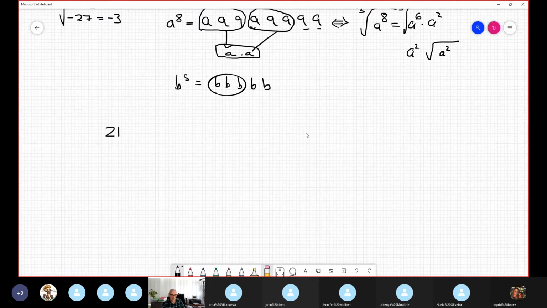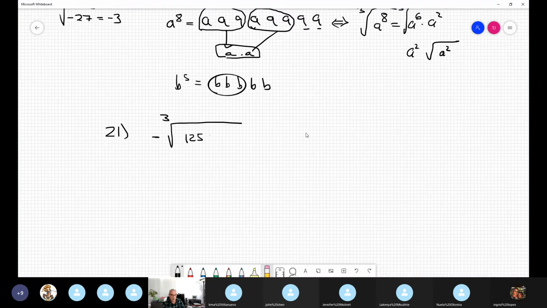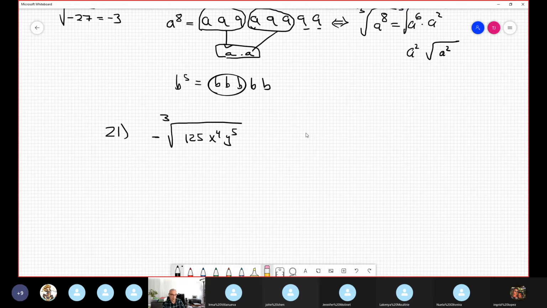It's super easy, in my opinion, no? I respect your opinion. It's negative cubic root of 125 x to the 4th power and y to the 5th power. I know by memory that the cubic root of 125 is 5. And don't forget this negative outside, it's negative 5. X to the 4th power is 1, 2, 3, and 4 x's.